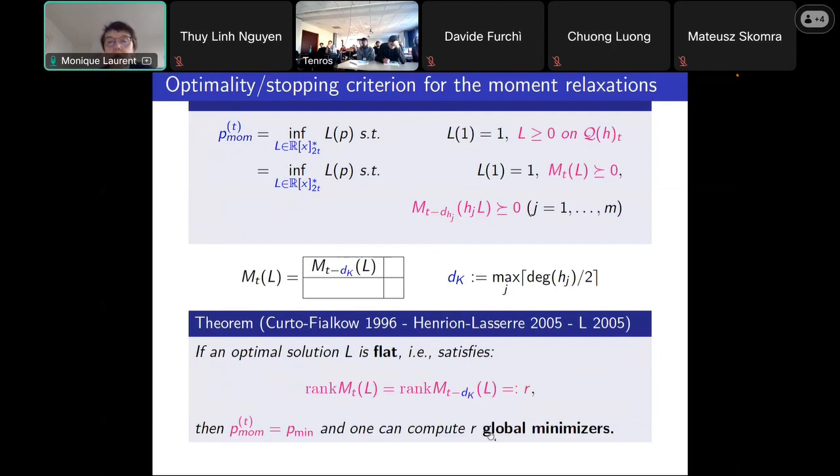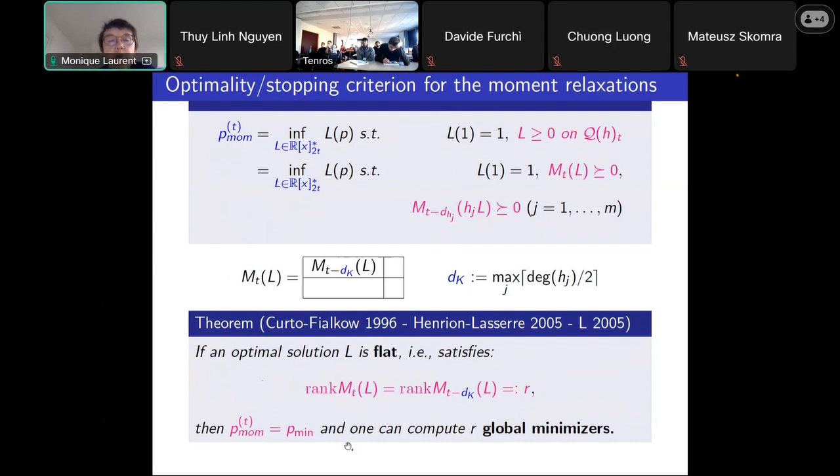The stopping criterion goes as follows. Let L be an optimal solution for the moment bound. We pick an L which is an optimal solution for this SDP. And let's assume that it's flat, which means that the rank of its moment matrix is equal to the rank of the smaller submatrix here. Let's call R this common rank.